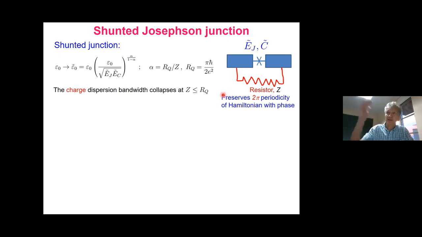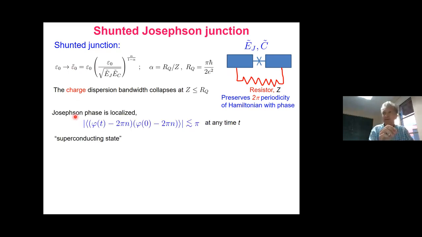If I reduce the resistance Z, then at Z less than the critical value, this formula is not applicable anymore. Basically, epsilon tilde becomes 0, so charge does not fluctuate. Sorry, the bandwidth of the charge becomes 0, and that corresponds to full localization of phase, right?